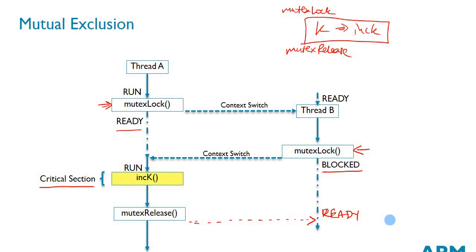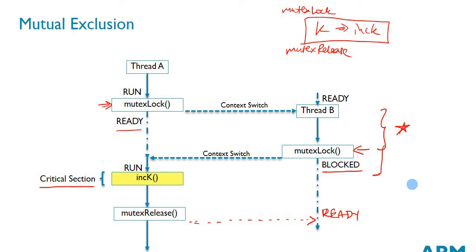Subsequently, whether it goes to run or not depends on the scheduler and the policy. If thread B is the same priority as thread A, then maybe it has to wait for its turn. If thread B is higher priority than thread A, then once it goes to ready, it will automatically transition to run. The important thing is this part here. Why is it important? Because when thread B tries to access the shared resource, it tries to do a mutex lock, but because thread A had already locked the mutex, that means it is in the middle of accessing the shared resource.